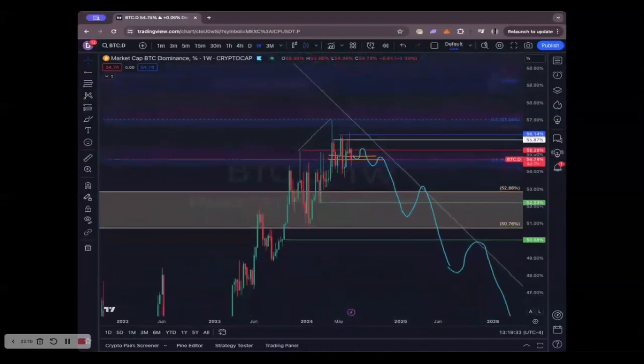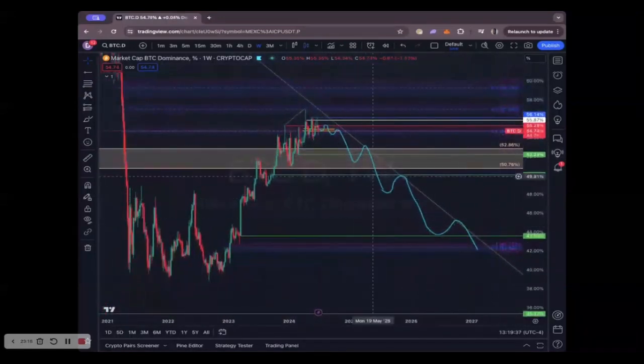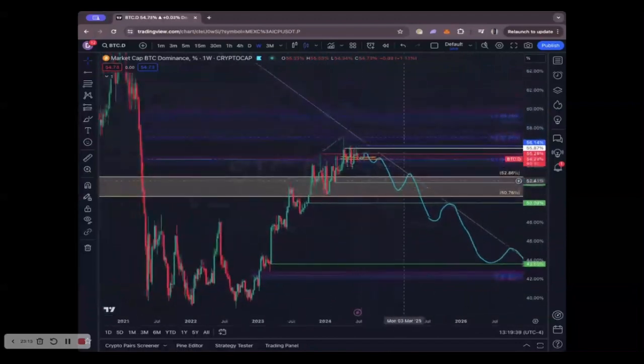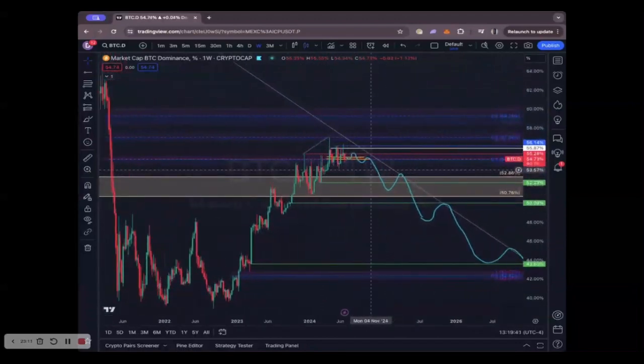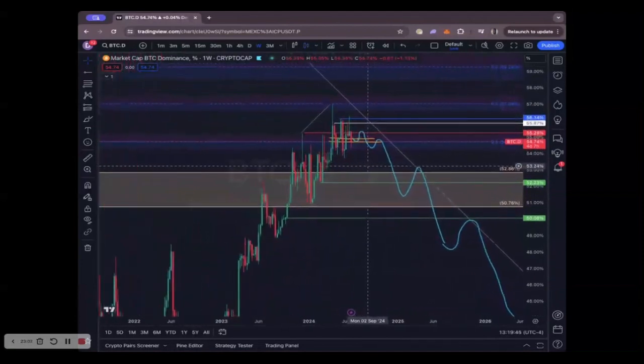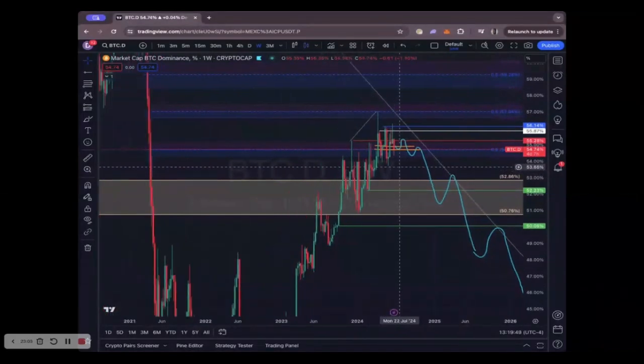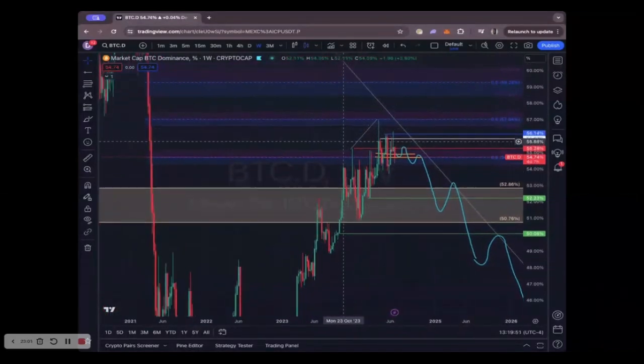I would actually expect an incredibly high time frame reversal over the course of the next many weeks, where liquidity gets shifted out of Bitcoin and into other coins. So I'm expecting this play to play out.